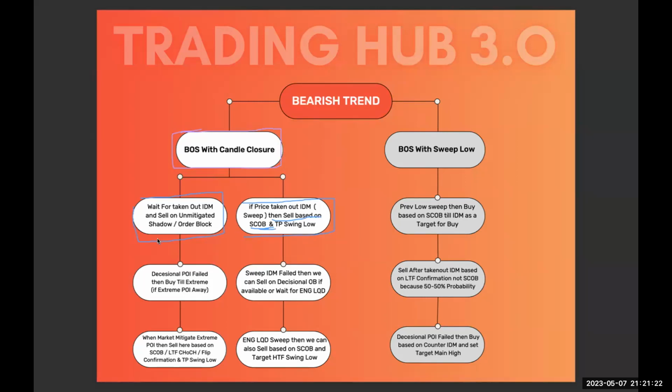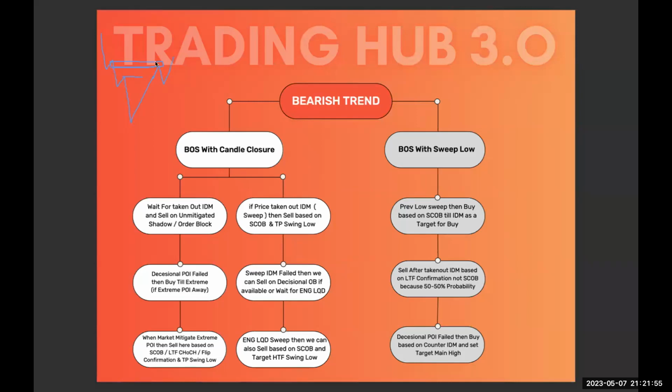Correct? Similar thing here. Decisional PUI failed, then you can buy till extreme PUI mitigation, as we have done in a bullish market. I'm sorry, this is a bearish diagram. This one is a PUI here. Inducement taken out, tap here, gives reaction and failed.